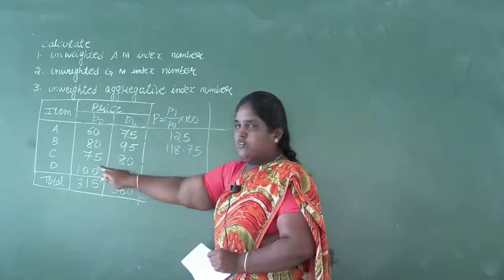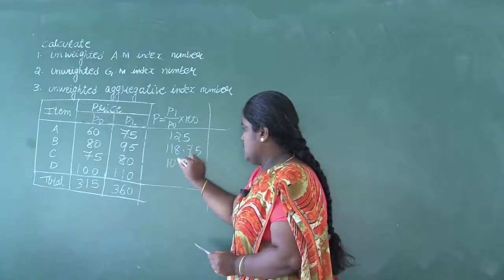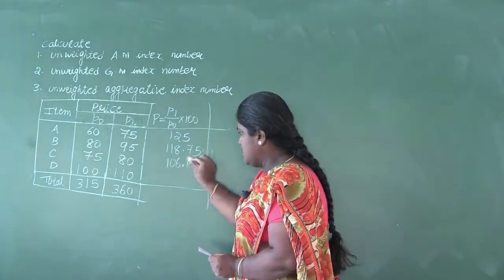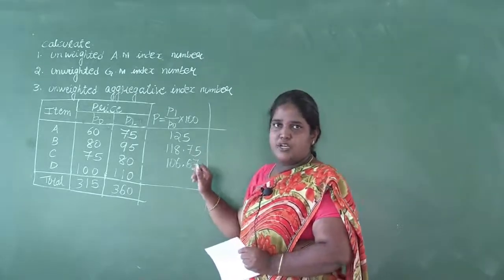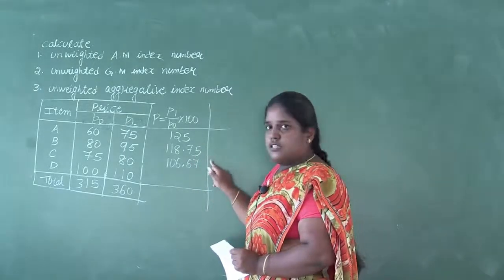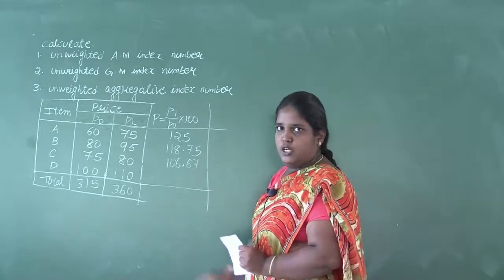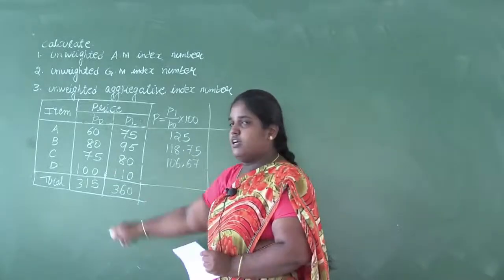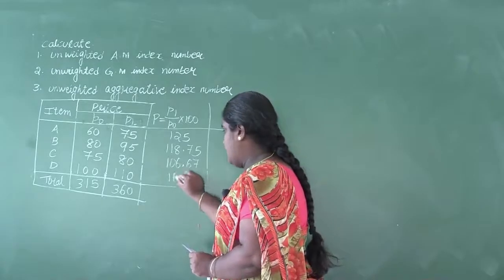Then 80 divided by 75 into 100, 106.666, a recurring number. The third decimal is more than 5, so we'll take it as 106.67. Then the last one, 110 divided by 100 into 100, is 110.